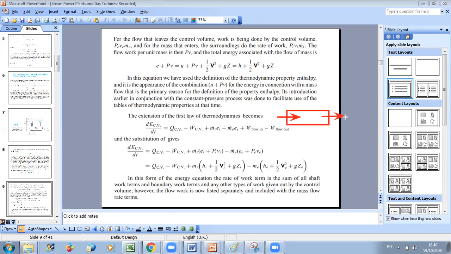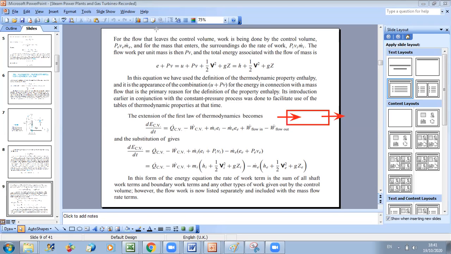First, my thermodynamic law states that the variation in energy of my control volume is equal to the heat provided minus the work done by the control volume. But here I have another type of heat and another type of work done, because the flow going inside and outside is producing work and is giving heat or taking heat. So how do I account for this?